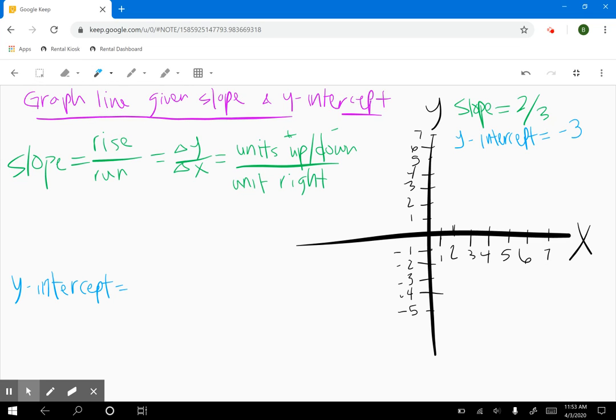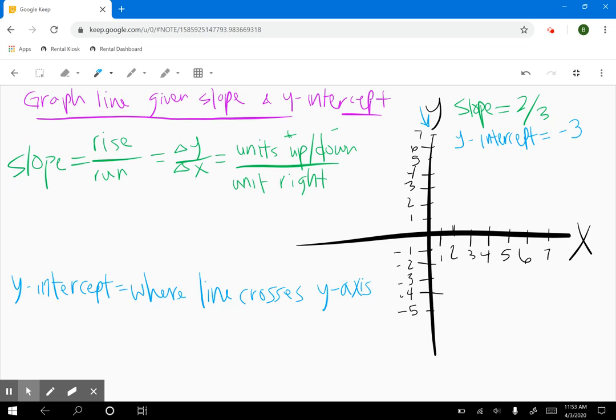Y-intercept, again, these are just basic explanations. So if you need further in-depth explanations, I would recommend watching one of my other videos. Back to y-intercept. Y-intercept is essentially where the line of your graph crosses the y-axis. So this line right here.